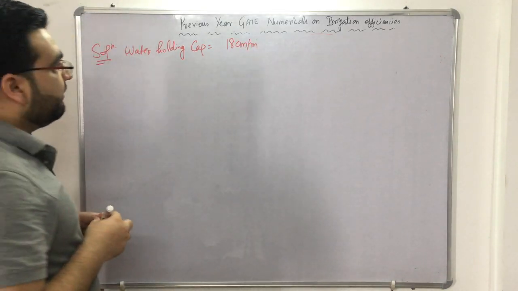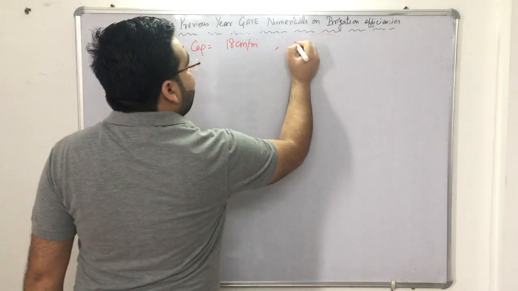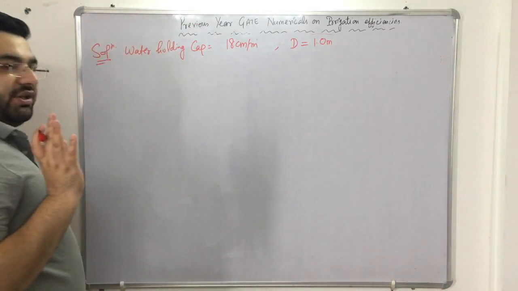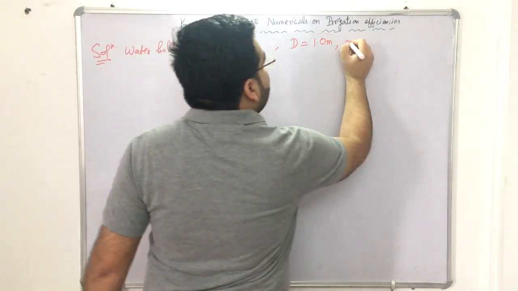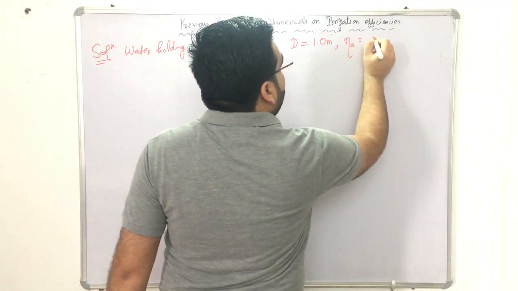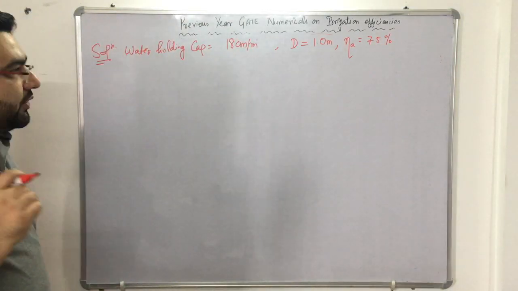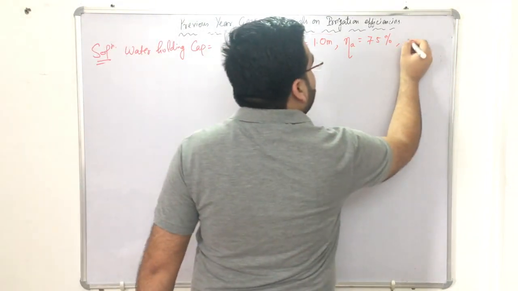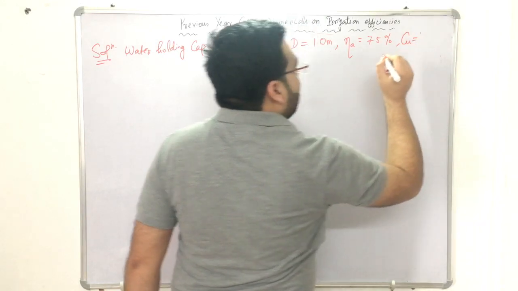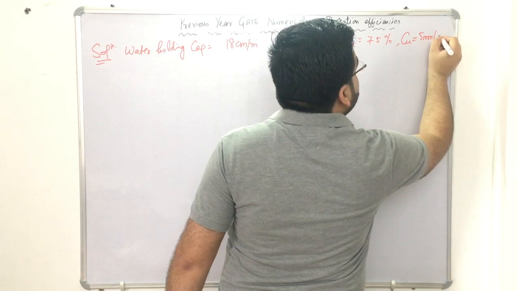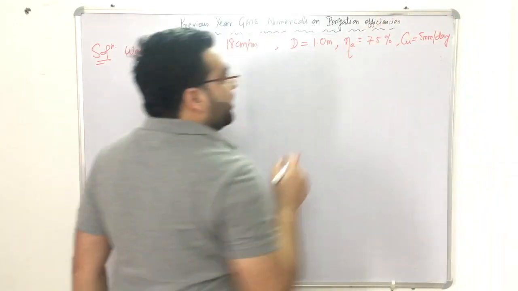The root zone depth for crop X was 1 meter. The application efficiency eta A was 75%. And the consumptive use of water was 5 mm per day.